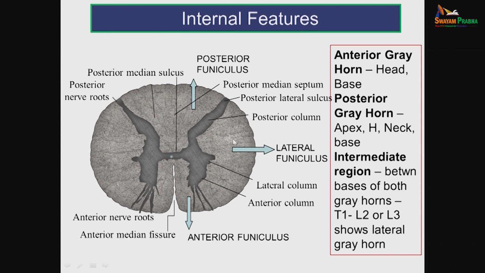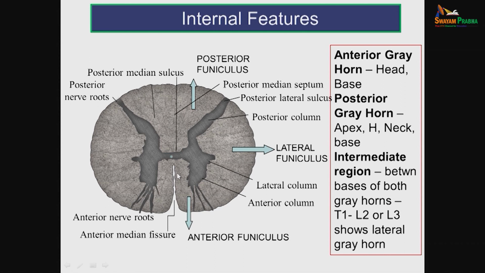If you look at the white matter itself, it is divided into anterior white column, lateral white column and posterior white column. You can also refer to them as anterior funiculus, lateral funiculus and posterior funiculus. The anterior white column is between the anterior median fissure and the most lateral fibers of the ventral root. You can see the ventral roots emerging.